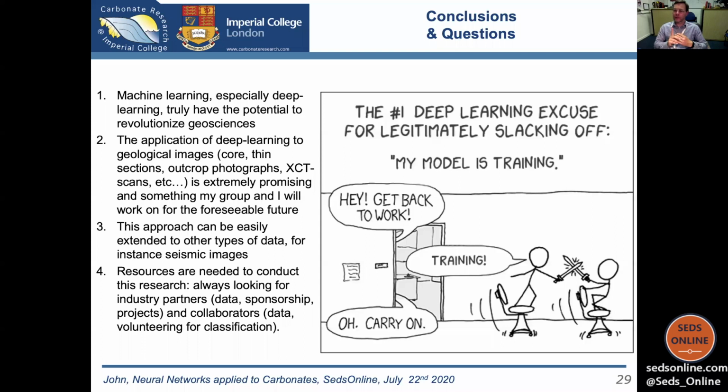However, there's another aspect to it, which is, if you wanted to apply a neural network to something like understanding cyclicity or understanding base level change, sequence stratigraphy, which is something I've had a thought about, you'd want to use a neural network that has a time component, where essentially the previous results impact the current classification. It's not necessarily valid for a descriptive network like the ones we're working on, because a Rudstone is a Rudstone, no matter whether before you had a Mudstone or before you had a Packstone.